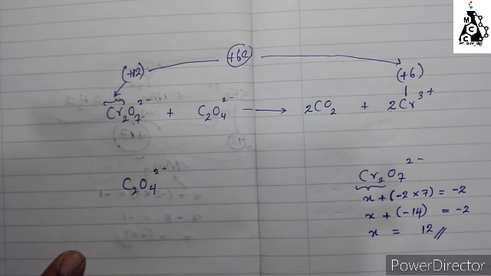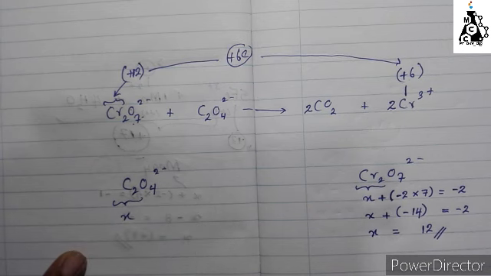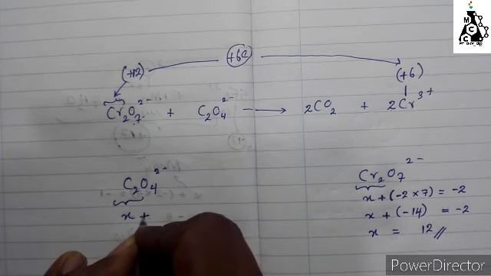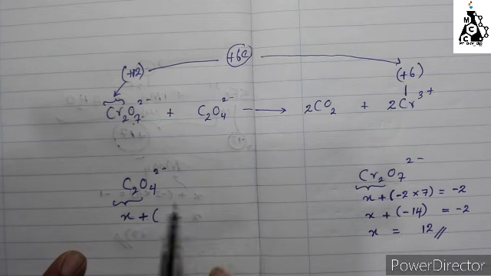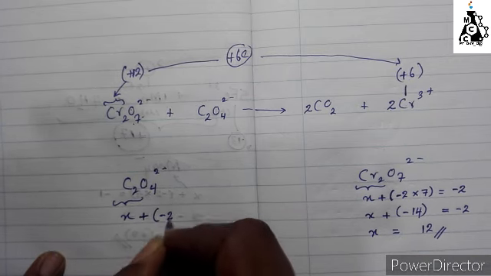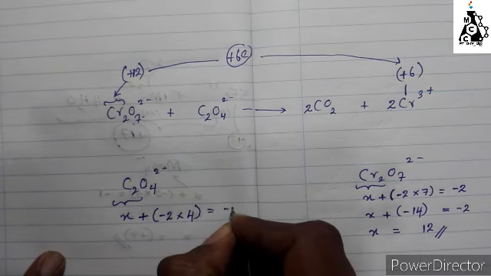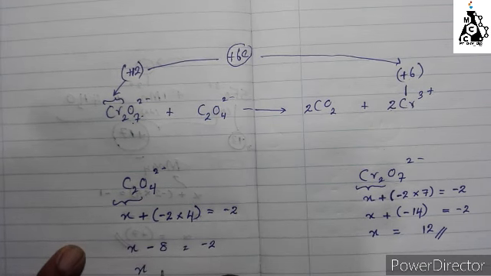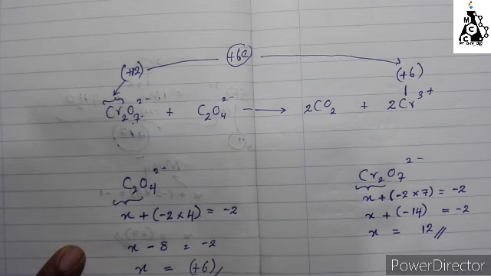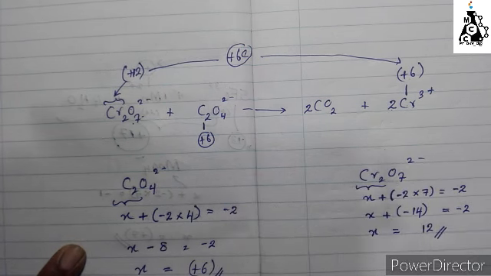You have to add X here, plus the oxidation number of oxygen, which is -2 multiplied by 4, equals -2. X is equal to +6. The oxidation number is +6.